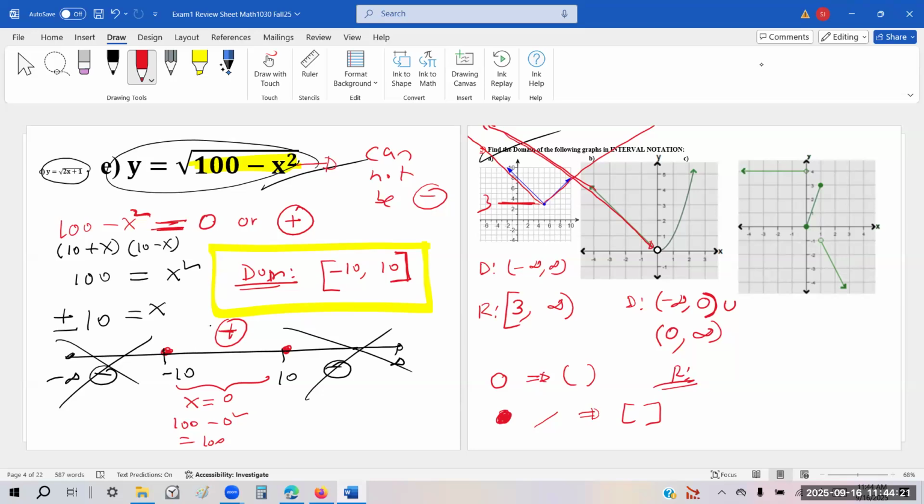What is the smallest y you have? This should be your smallest y, right? So your y starts from 0, but what is happening at 0? Do you have a number at 0? No, it's a hole. At a hole, there is no number. So it's parentheses.